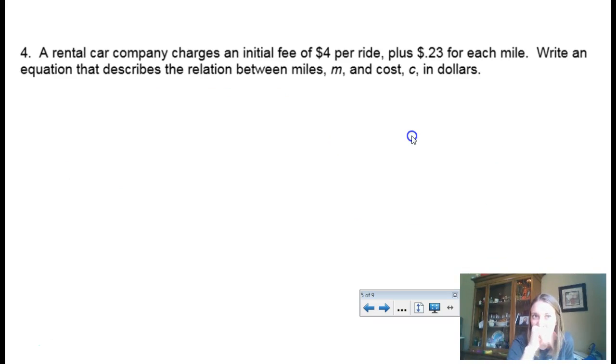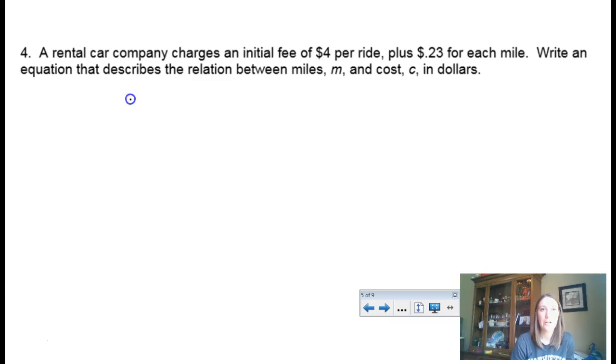Okay. A rental car comes. So when you rent a car, they charge you a flat fee. This particular one is pretty cheap, $4 per ride, maybe more like a taxi, and it charges 23 cents per mile. First, we're going to write an equation that represents the relation of the miles and the cost in dollars.